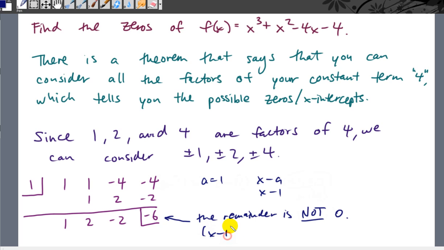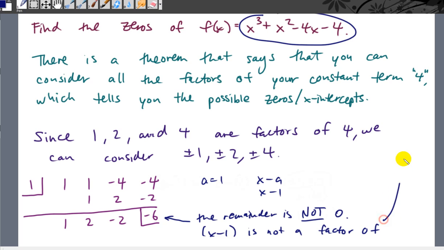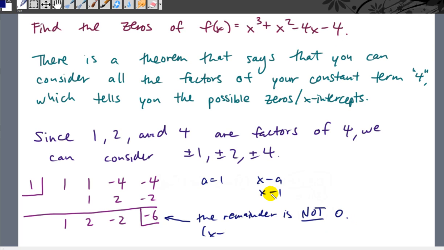This means x minus 1 is not a factor of this expression. If we ever get a remainder other than 0, unfortunately that means we have to go through this process again and choose a different number.